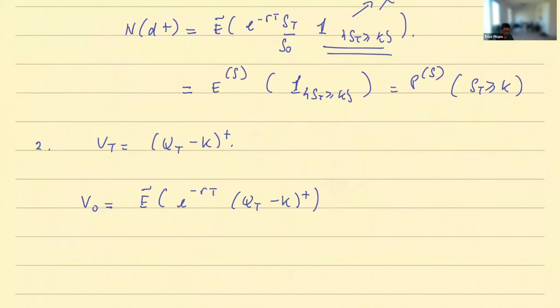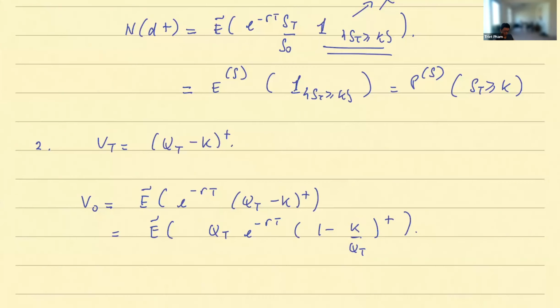But let's work on this formula. First of all, the plus function, if you factor out a positive constant, is still linear under that operation. So you can factor out QT.